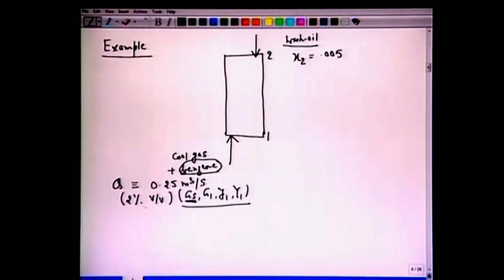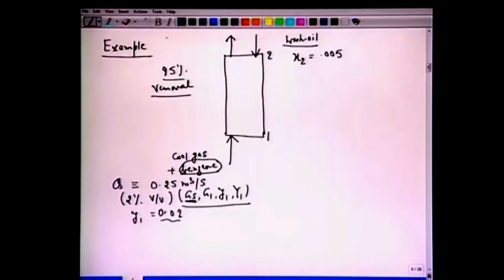Okay, here is 2% volume by volume, so y1 in this phase is 0.02. Okay, and we have been told that 95% removal is required. So we want to reduce these concentrations from starting with 0.02 mole fractions by 95%.